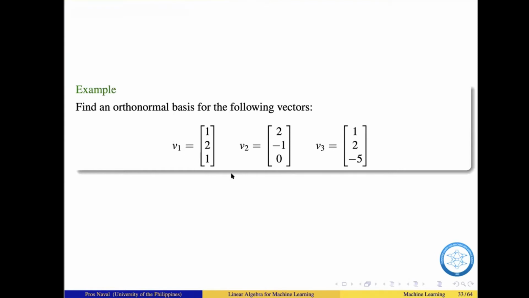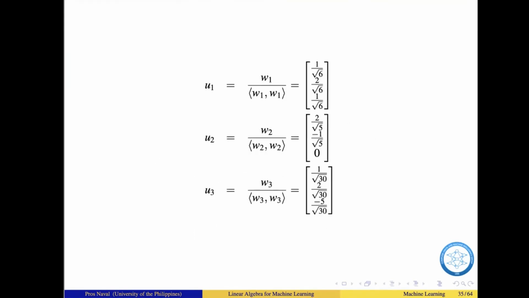From the very start, the three vectors were already orthogonal because we were lucky, and because this was my example, no? I gave an easy example. Now it's just a matter of normalizing each of these, and you now have an orthonormal basis.